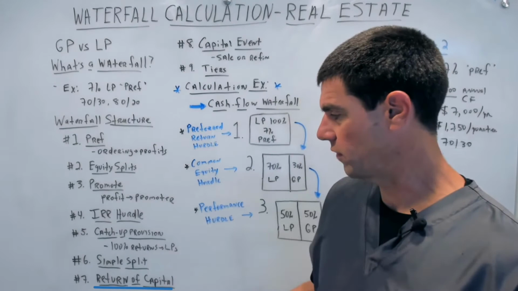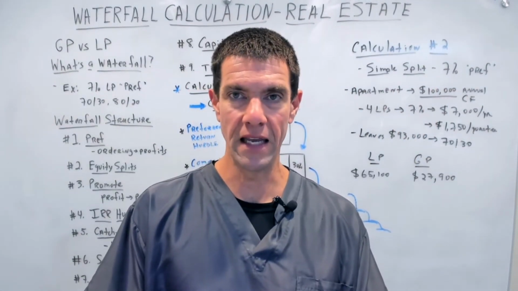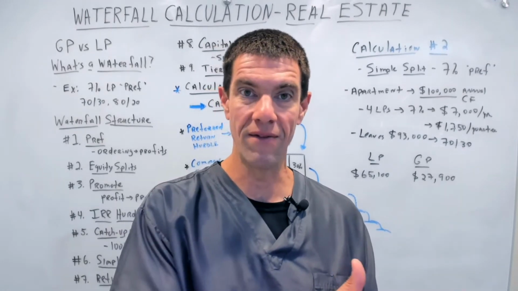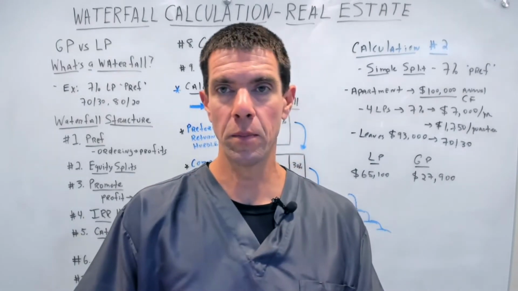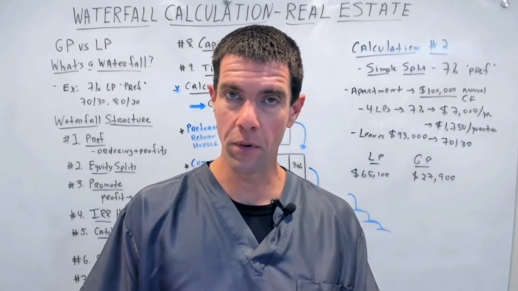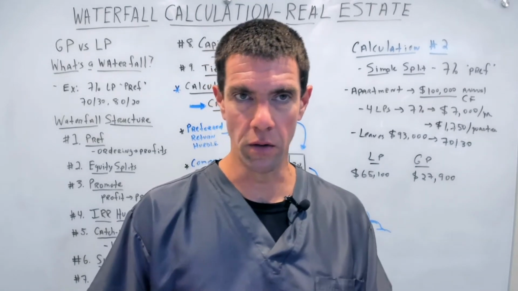Number 7, return of capital. Return of capital refers to the payments that investors receive which return a portion of the capital they invested back to them. Usually provisions can be created to achieve a certain threshold of return of capital to an investor before the sponsor receives their returns.